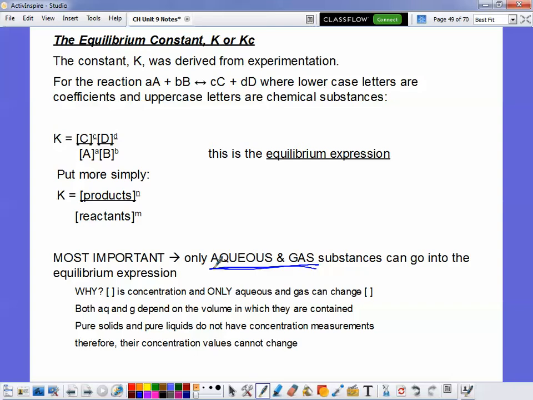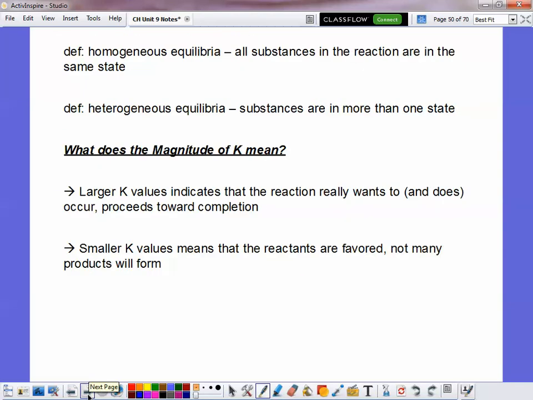Before we get into some practice problems with this, eventually where we're going with this is we're going to actually solve for this equilibrium constant, this K value. Okay? And what K means is when it's a larger K value, it means that it favors the products. That is when K is greater than 1.